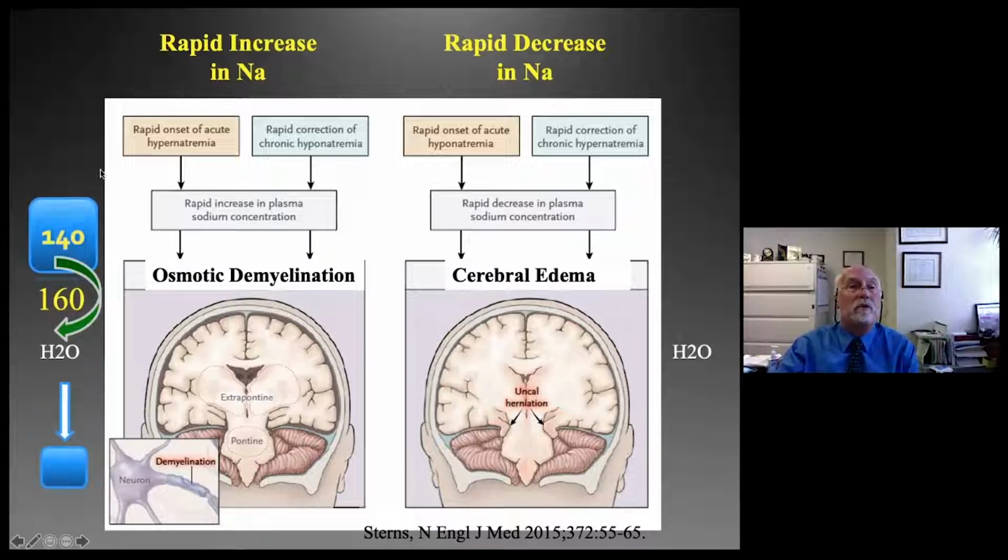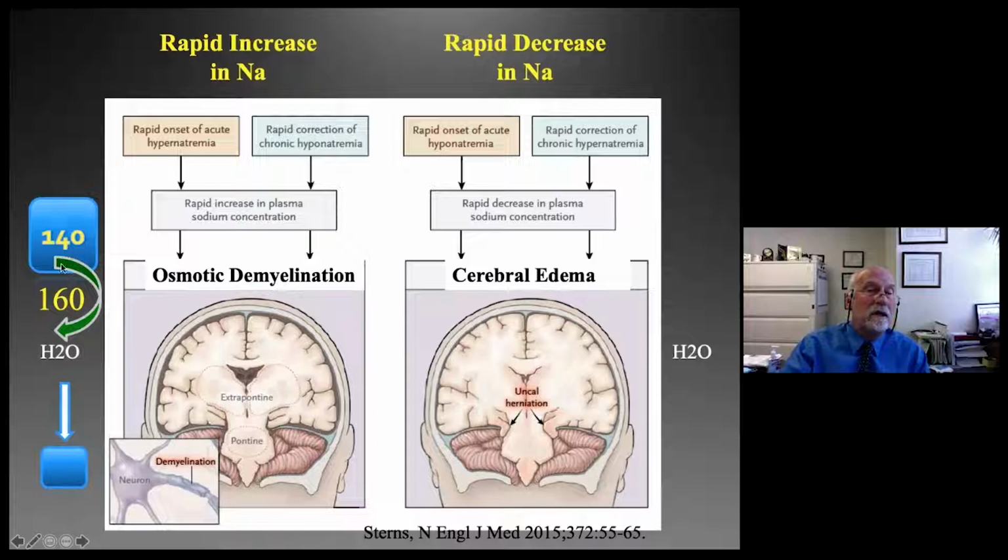Let's start with a rapid increase in sodium. So picture with me this normal cell in the brain living at 140 milliequivalents of sodium. And we suddenly raise the extracellular concentration to 160. What's going to happen?